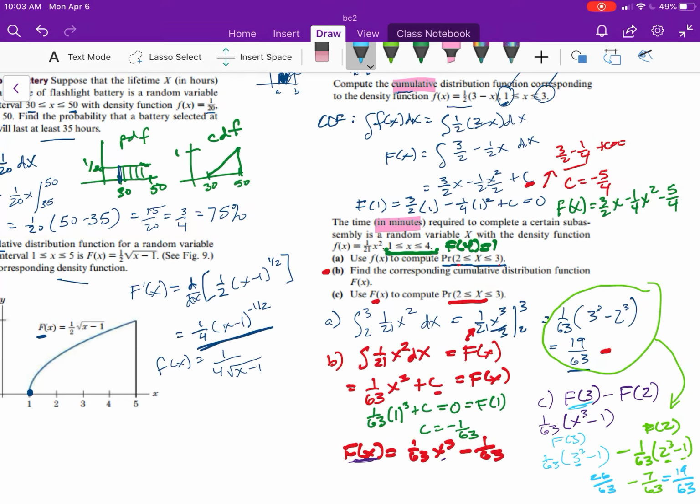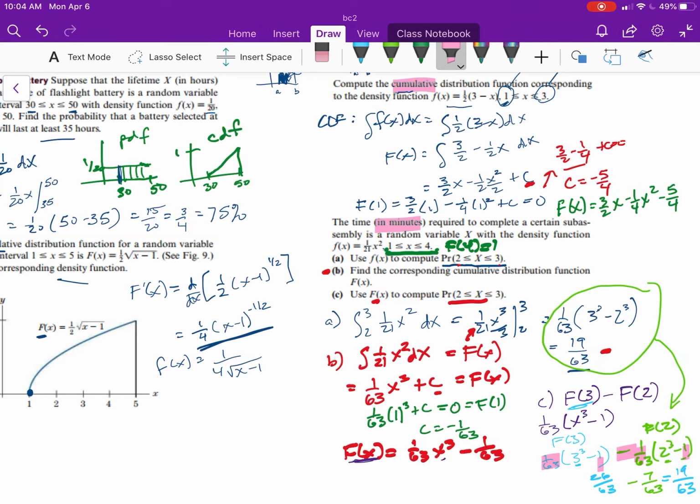Now, how was I saying it's the same? Well, if you notice, we have the 1/63 factored out, right? I could have factored it out here and here. And then if you look at the minus 1, if I distributed 1/63 to each and did the same here, they would cancel because this one's a negative 1/63, this one is a positive 1/63. So those would be gone.